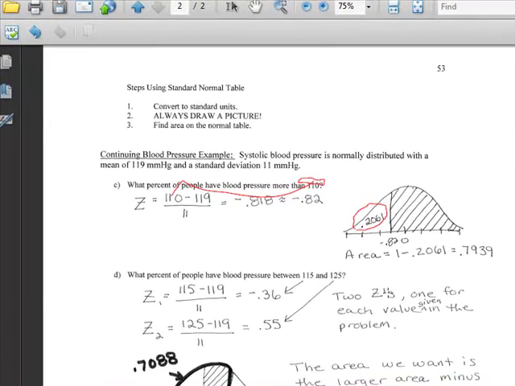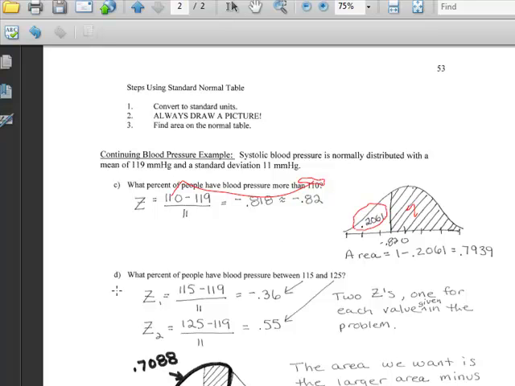So the area we want, this piece over here, is 1 minus 0.2061, or 0.7939. Or 79.39% have blood pressure more than 110.